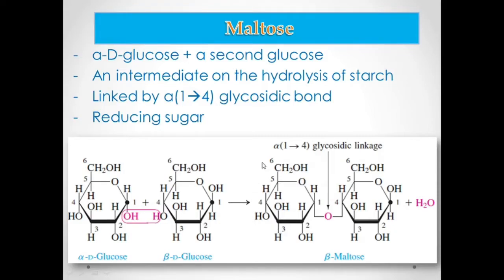You name first the non-reducing monosaccharide, and after that the reducing or second monosaccharide. Since the sugar is alpha D glucose, it is a pyranose, because it is a six-membered ring.